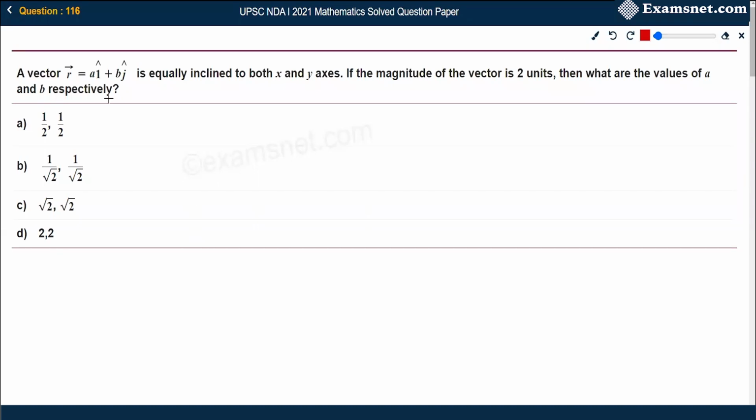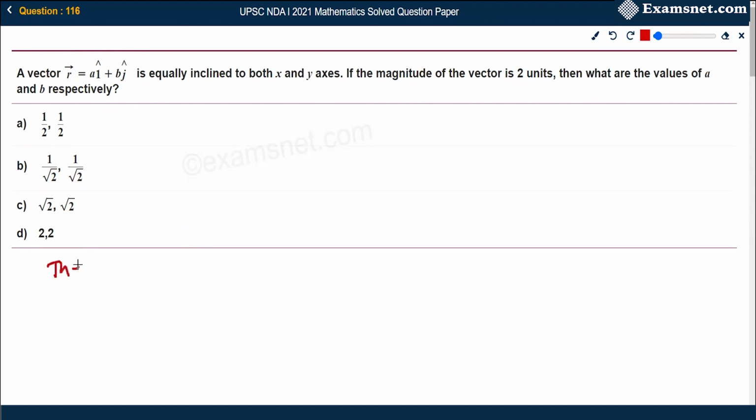In question number 116, it states that a vector R equals a i cap plus b j cap is inclined equally to both X and Y axes. If the magnitude of the vector is 2 units, then what are the values of a and b respectively?